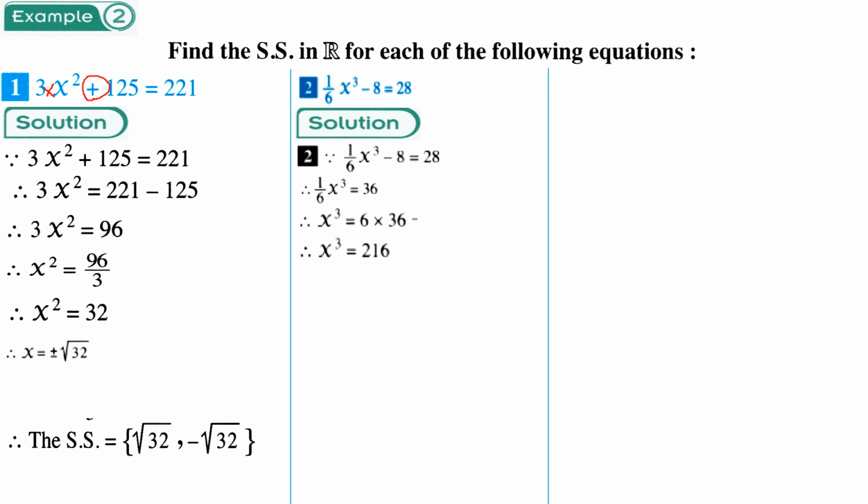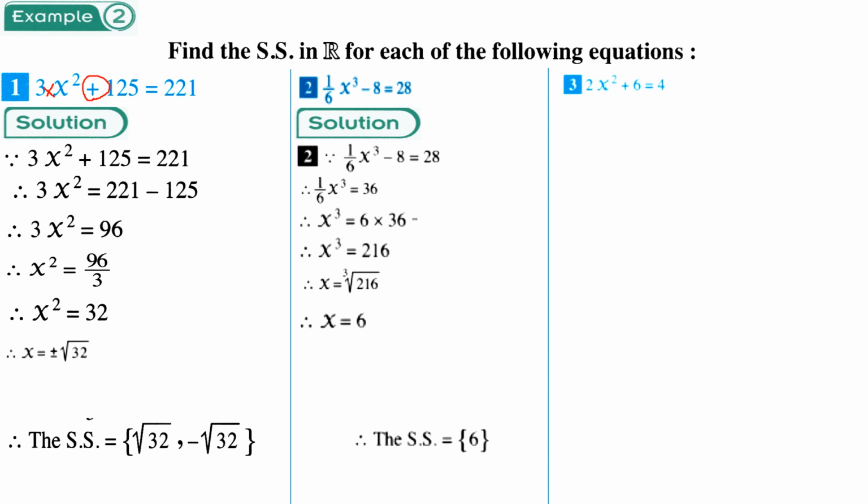Now we have the last operation, which is power. We'll use the inverse operation of the power, which is the cube root, so we will get 6. Now 6 belongs to the real numbers. It's a rational number, and as we know the rational numbers are a subset of R, so 6 belongs to R, so the solution set equals 6.